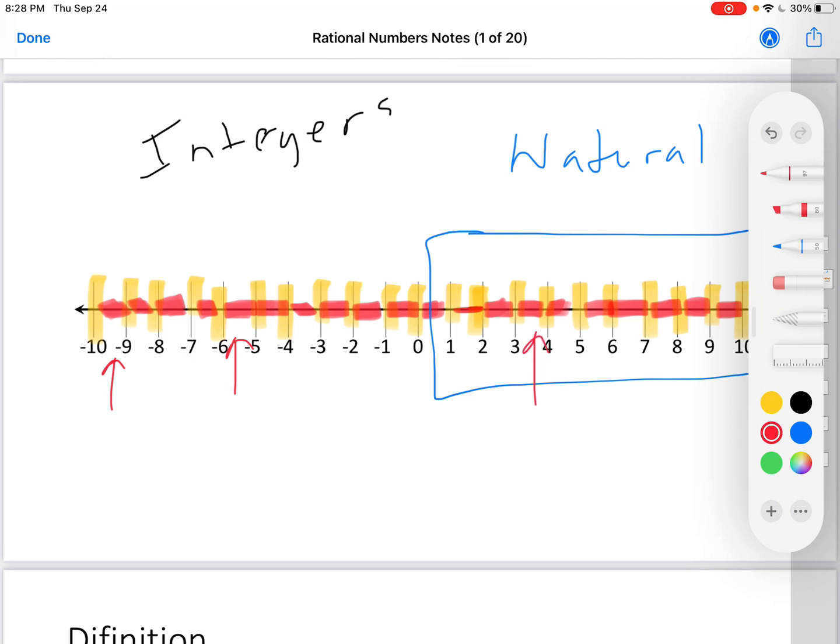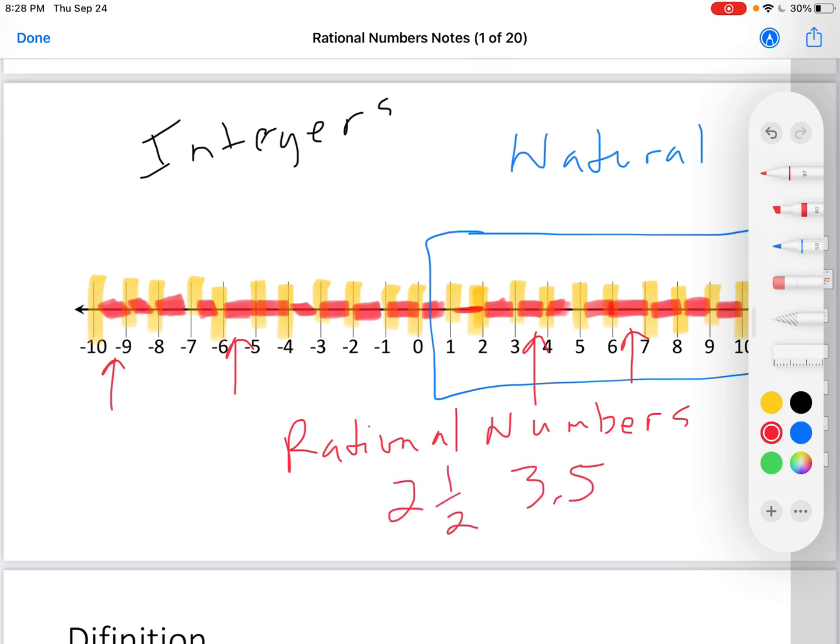They are numbers such as 2.5, 3.5, negative 4.38 with the 38 repeating.